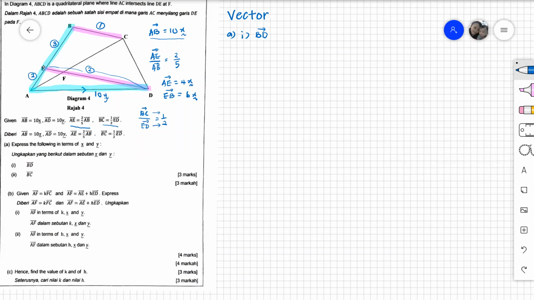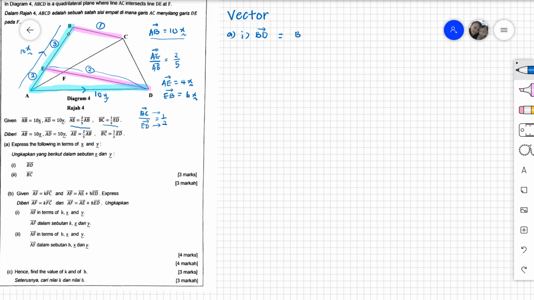So look at B to D. From B to D, we have the blue path. So just use the blue path, BA. Now remember, from A to B, the vector is in this direction, 10x. If we reverse the direction, it will be the negative.